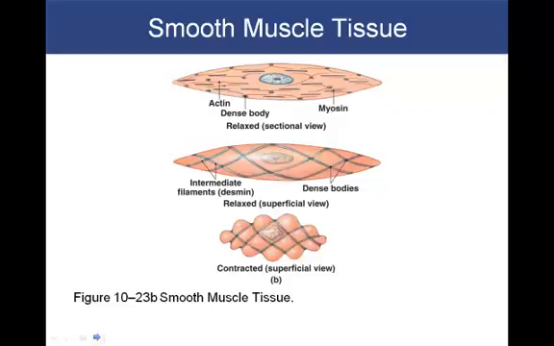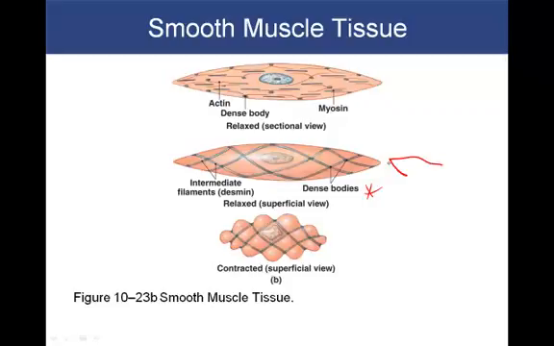The actin and myosin are, as I said, organized very differently. We do not have the striated patterns that we find in skeletal and cardiac muscle tissue. The actin and myosin are present, but they're just organized differently, and they tend to be bound by a structure known as a dense body. We'll talk more about dense bodies a little bit later.